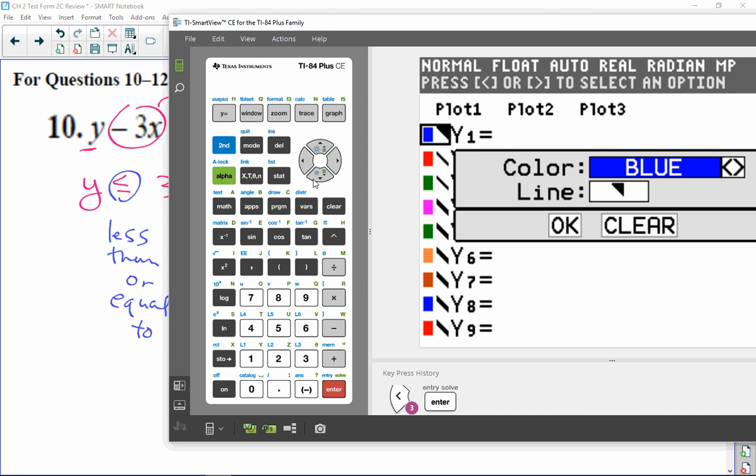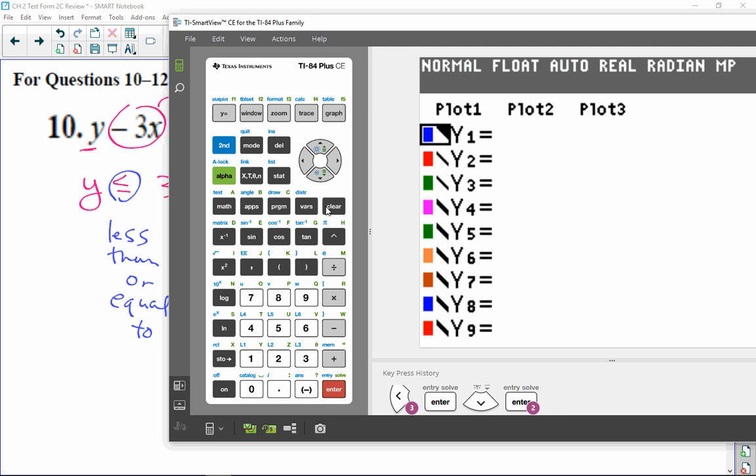Then I'm going to scroll down. On yours, if you just keep hitting the equal sign, it'll change it. Does everybody understand that? Some of you have the newer models; I just scroll down and hit enter.